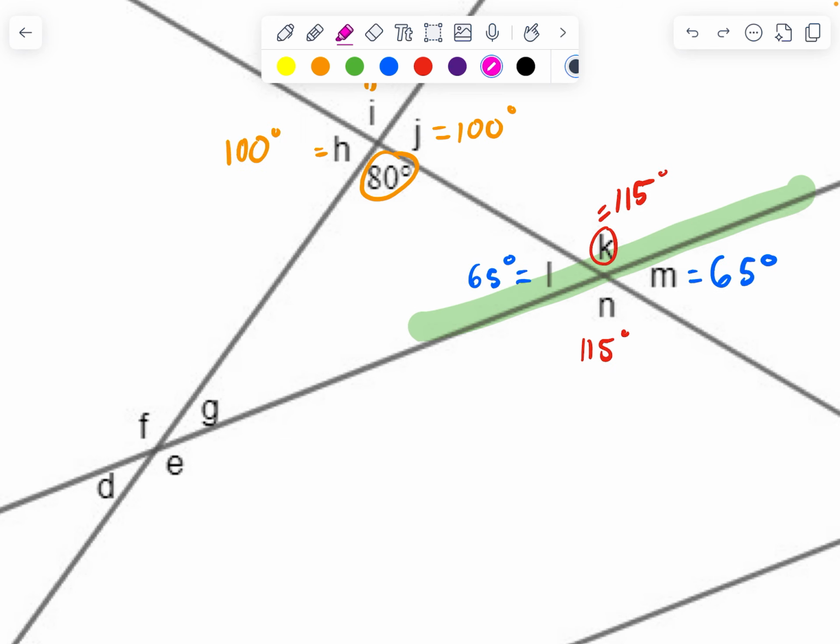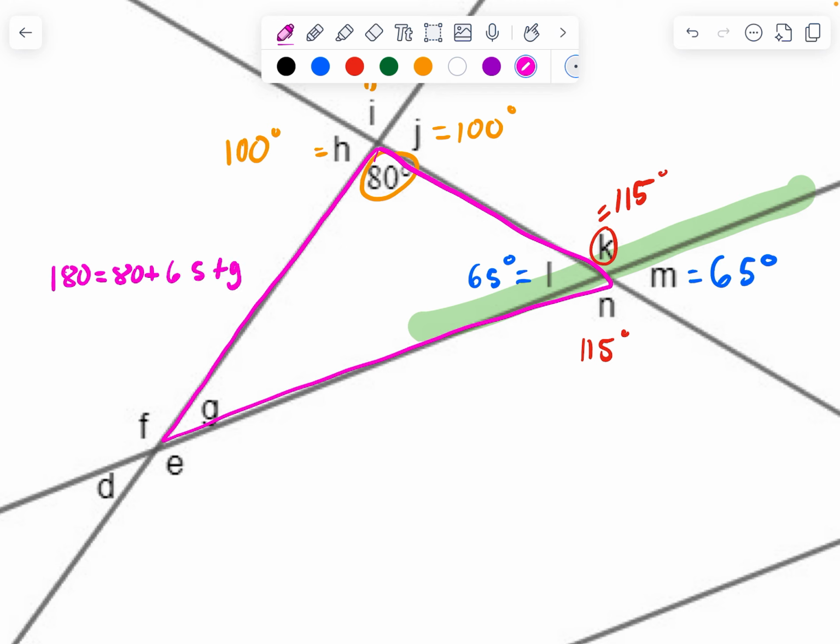I'm just going to use the smaller triangle here, so I know that this triangle is going to be 180 equals our 80 plus 65 plus G. All right, so that means that when I actually solve back through this, we're essentially going to get 180 minus 80, 100 minus 65, and we get G is 35 degrees.